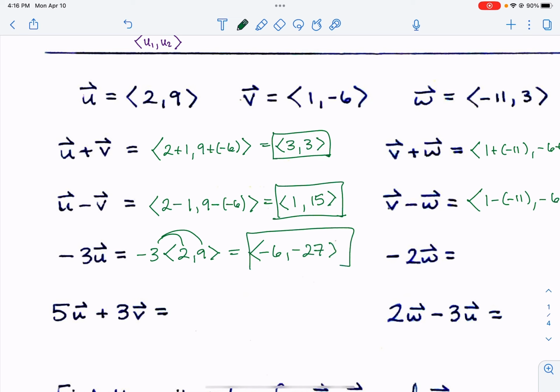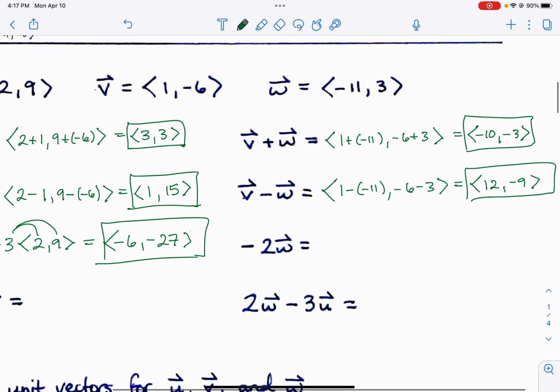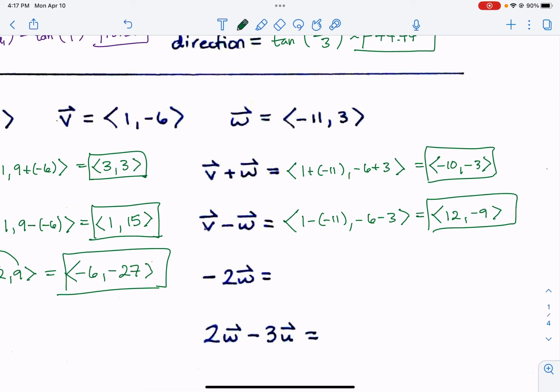It's not that much extra work. Just make sure it's foolproof and that you don't miss some easy points there. Negative 2 times w. Again, just distribute it in. So we get negative 2 times negative 11 is positive 22. Negative 2 times 3 is negative 6.